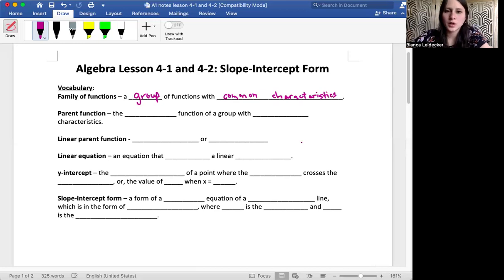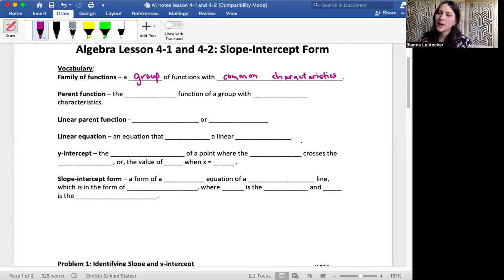Then we have something called the parent function. So the parent function is the simplest function of a group with these characteristics. So the parent function is kind of where more complicated functions can derive out of.